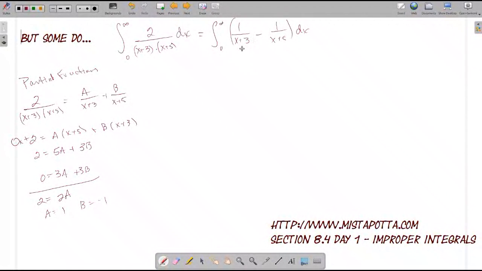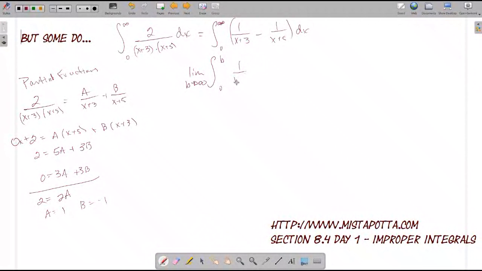Now, this is an improper integral, so I do need to treat this infinity with care. So what I'm going to do is rewrite it as the integral from 0 to b, and I'm going to be doing the limit as b increases without bound.